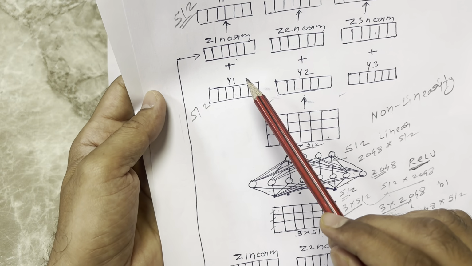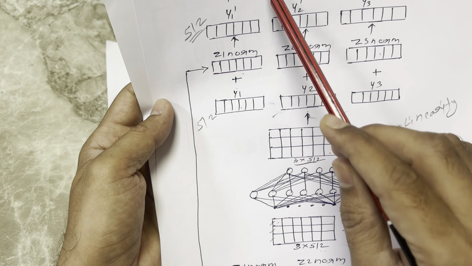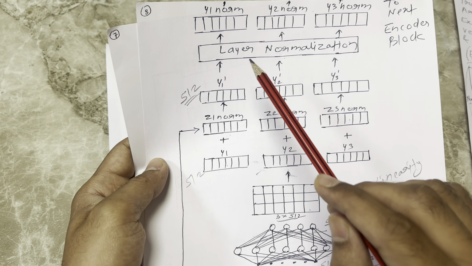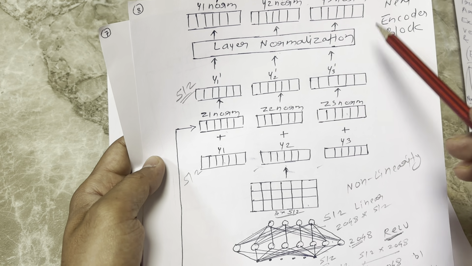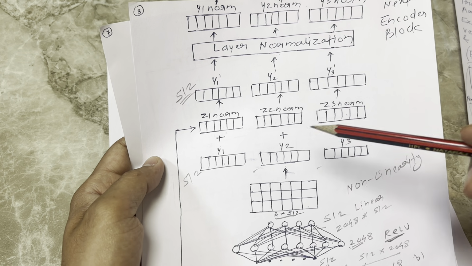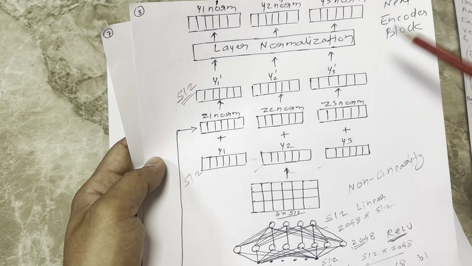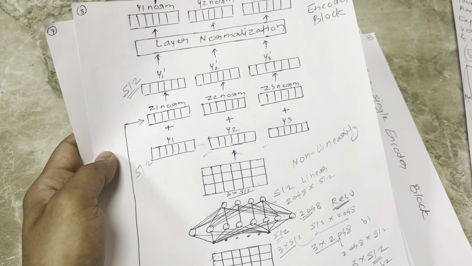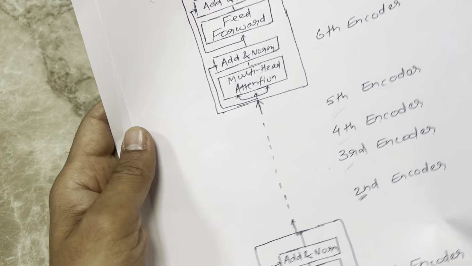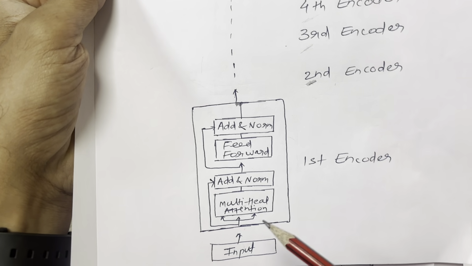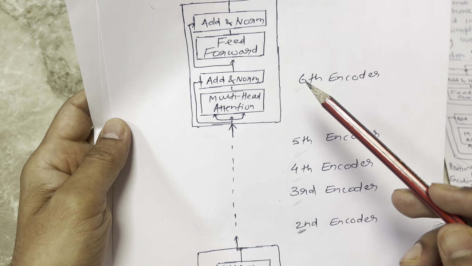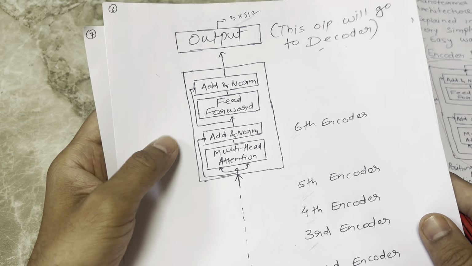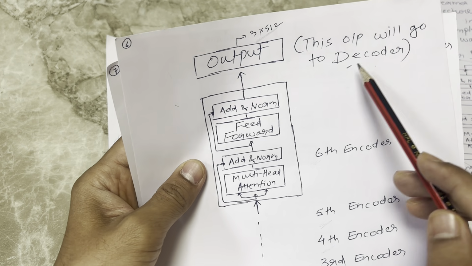And then we have done addition and layer normalization again. The output of the first encoder block becomes the input to the second encoder block, and this repeats how many times? 6 times for all 6 encoder blocks, because we already discussed that there are 6 encoder blocks like this. And finally, everyone, the output from the last encoder block goes to the decoder.